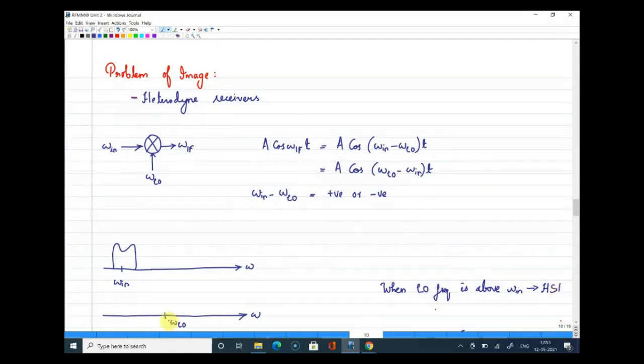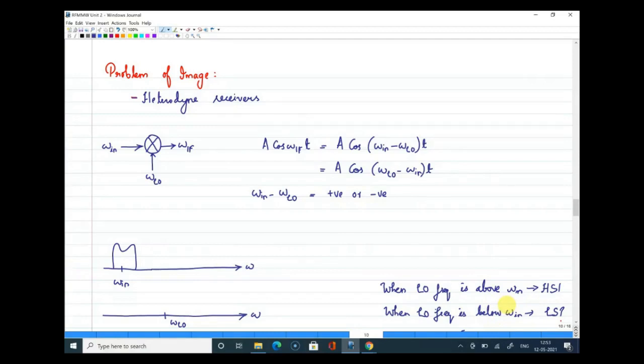At the same time, you can mix with a local oscillator frequency which is smaller than ω_in. If that is the case, when the LO frequency is less than ω_in, we call this low side injection. Right.